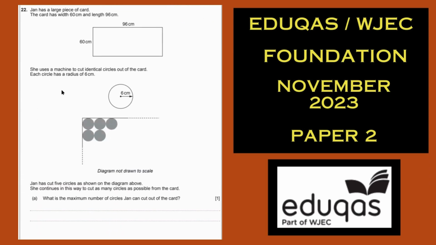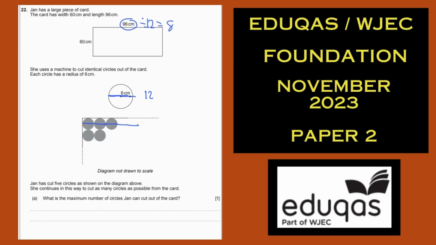Number 20. Jan's about to cut a load of circles out of a piece of card. Those circles have a diameter of 12. So the question is, horizontally, how many 12s will fit into 96? Do a divide, you'll get 8.